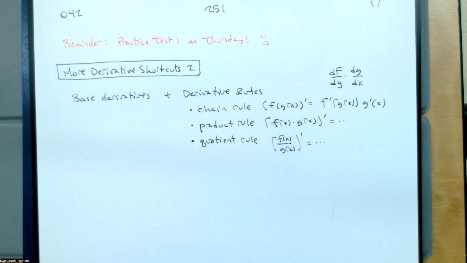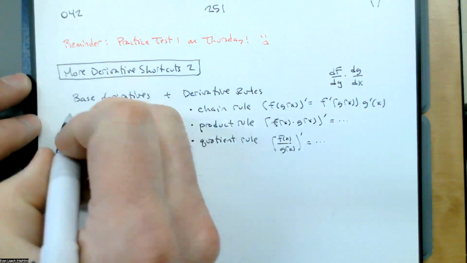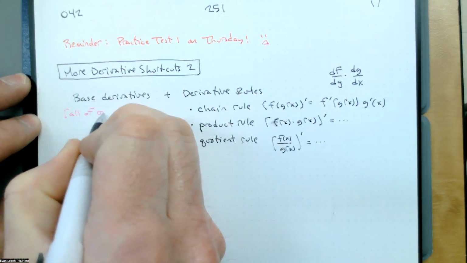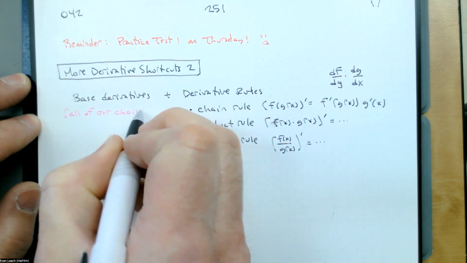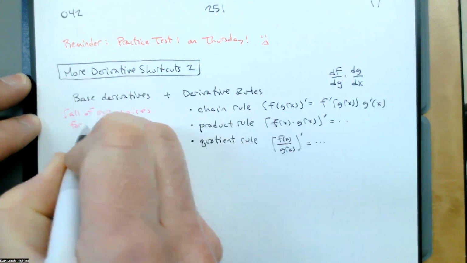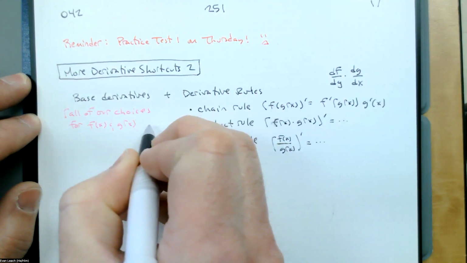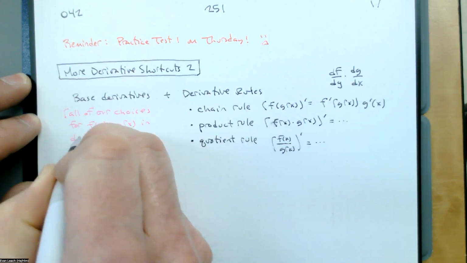So what we need, the base derivatives are the things that are going to show up in our derivative rules as f of x and g of x. The base derivatives are all of our choices for f of x and g of x in the derivative rule.